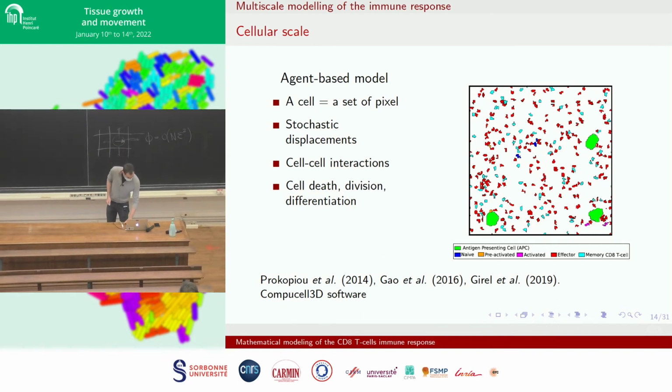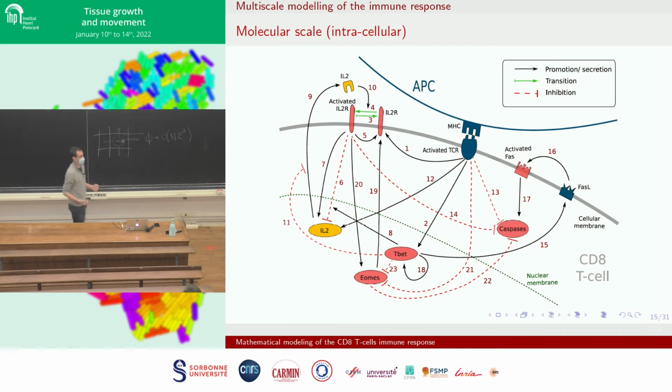Okay. So the second scale is the molecular scale. And here we consider this quite complex, but actually very simplified molecular regulatory network that contains a few genes or proteins that are important to describe the properties of a cell, the properties that we are interested in.